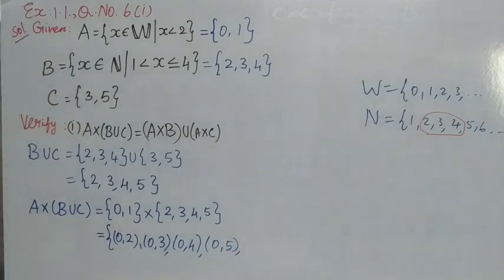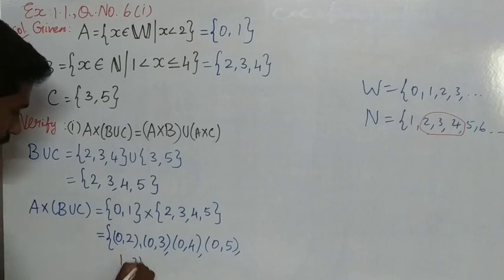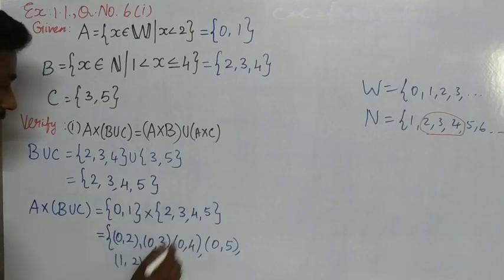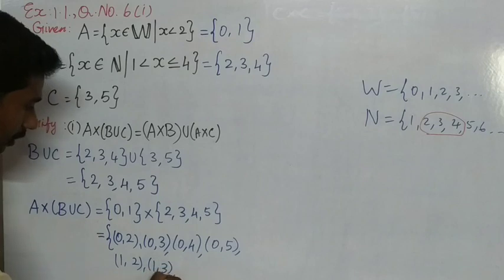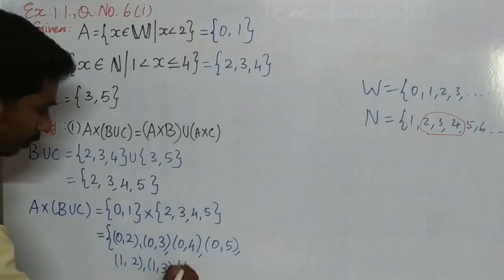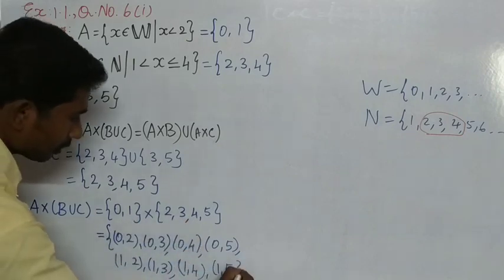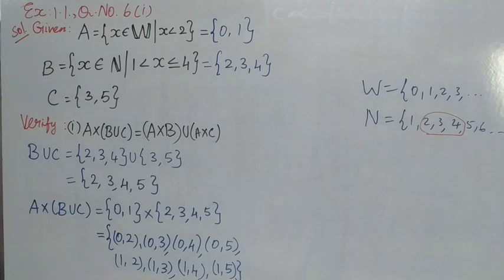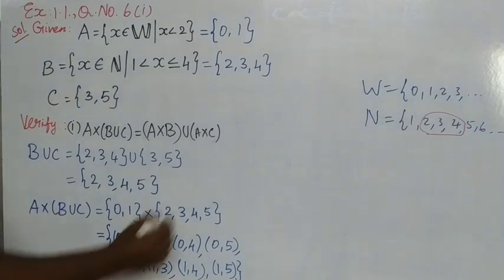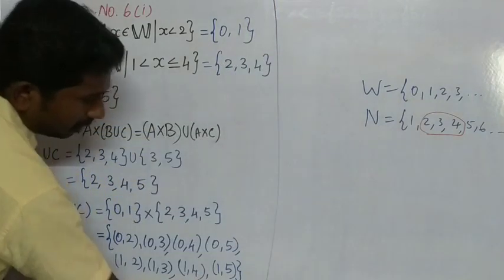Next (1, 2), (1, 3), (1, 4), (1, 5). This is the Cartesian product of A cross (B union C). That is the LHS. Now we have found the LHS of the problem.